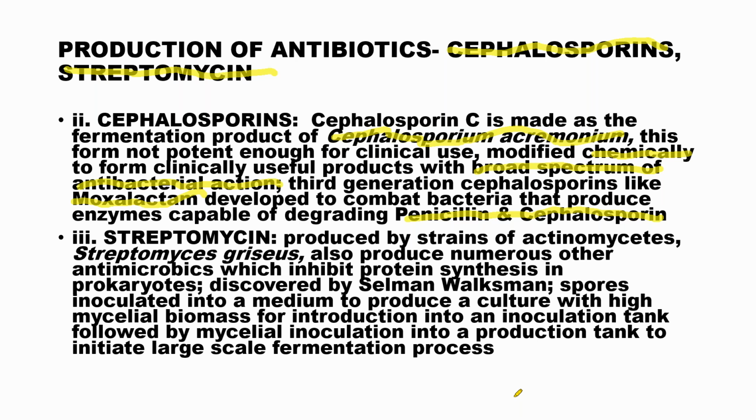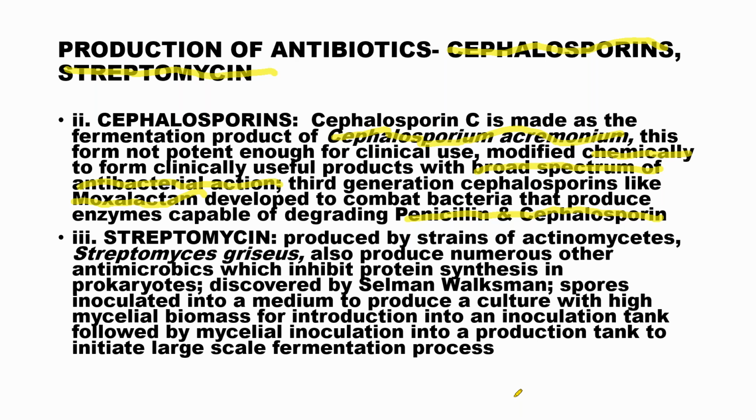They are bacteria which can produce enzymes capable of degrading antibiotics so that they can even grow in the presence of antibiotics. Those bacteria which can produce such enzymes will be resistant to the antibiotic, and those organisms which cannot degrade the antibiotic will be sensitive.